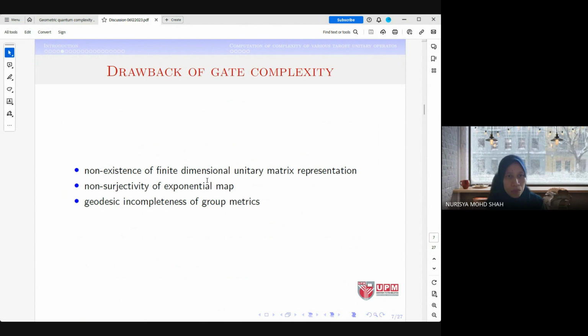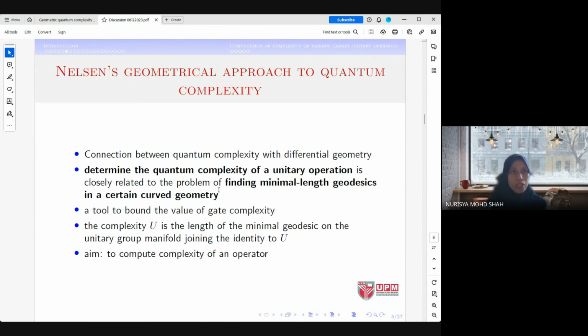These are some drawbacks of gate complexity, but what I want to discuss in brief is Nielsen's geometrical approach to quantum complexity. They mention connections between quantum complexity and differential geometry, and how they determine the quantum complexity of unitary operations.